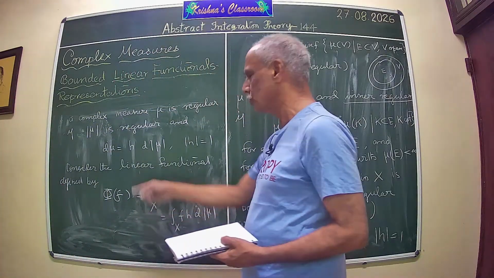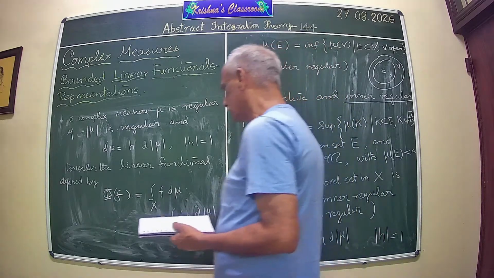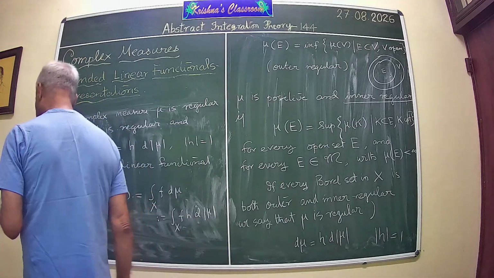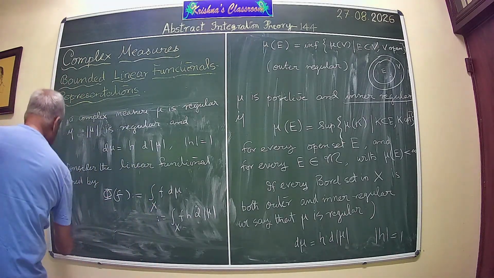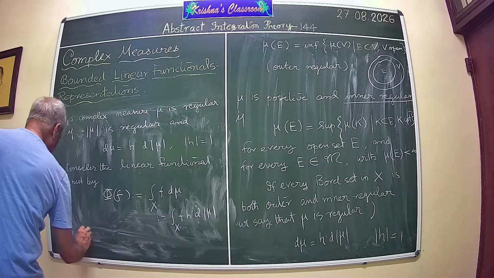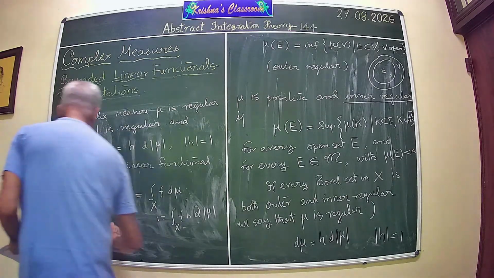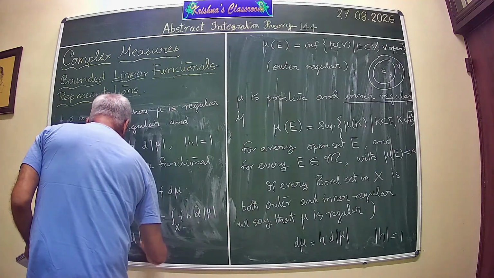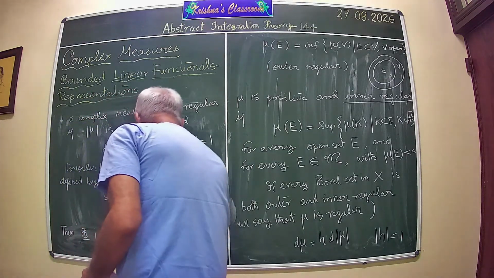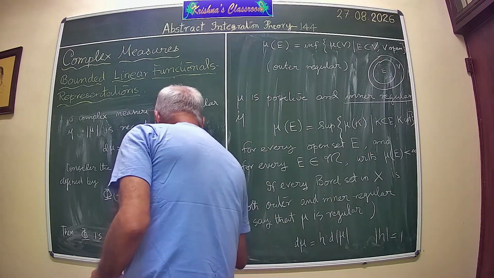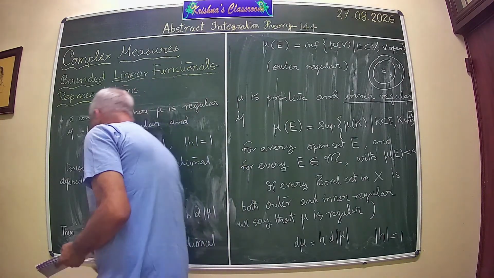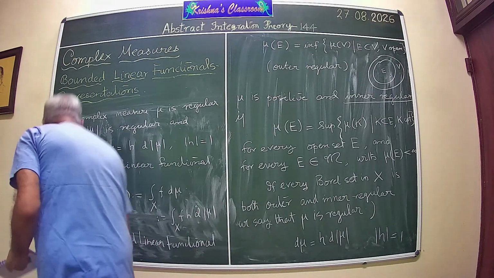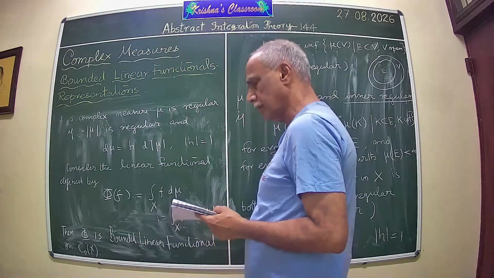This is well defined. So through this you define phi. Then phi is a bounded linear functional on C naught of X. Okay.